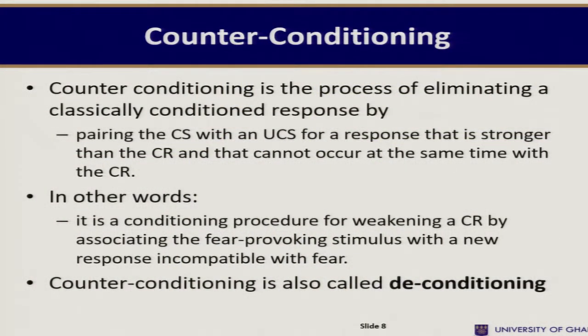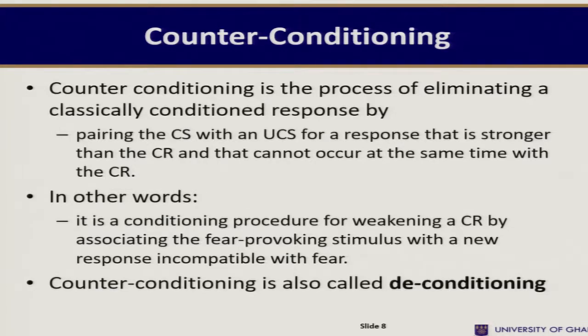It's the process of eliminating a classically conditioned response by pairing the CS with an UCS, that is, pairing the conditioned stimulus with unconditioned stimulus for a response that is stronger than the conditioned response. That cannot occur at the same time with the conditioned response.